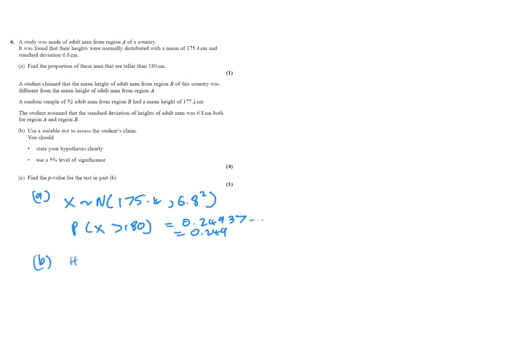The initial reckoning is that the mean is 175.4. The student claimed that the mean height of men from the region of this country was different. Not saying higher or lower, so therefore my reckoning is that suggests we've got a two-tailed test. Always a bit of a tongue twister, that one, isn't it?